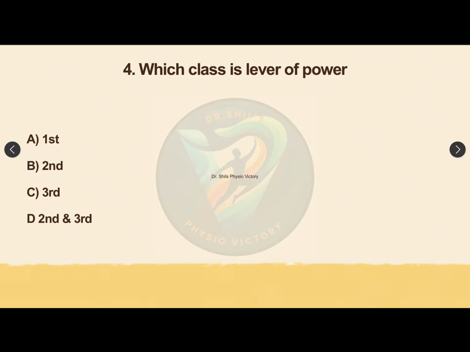Which class is the lever of power? Option A first, option B second, option C third, and option D second and third. So here the correct answer is: second order lever is called the lever of power.